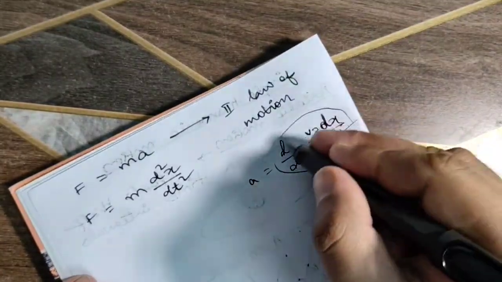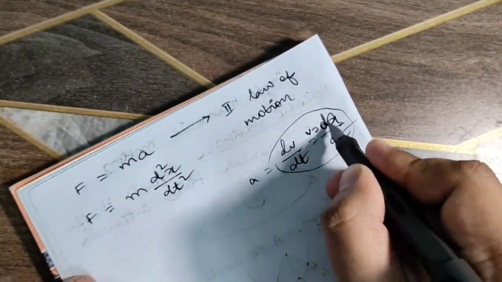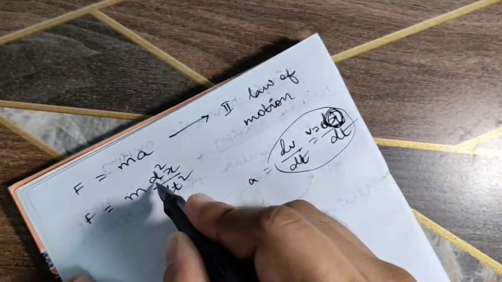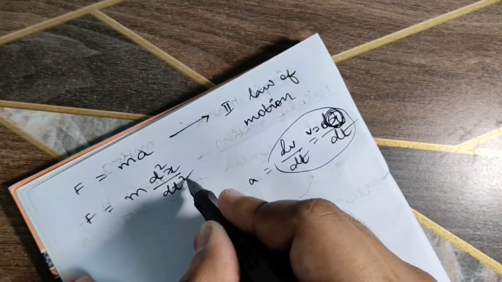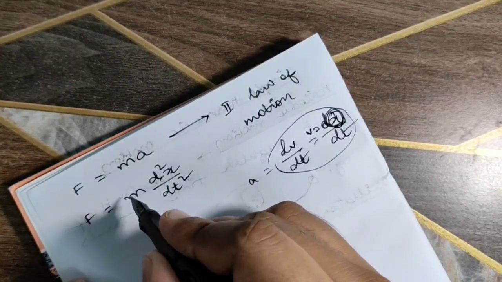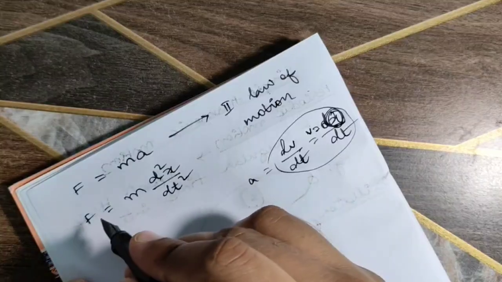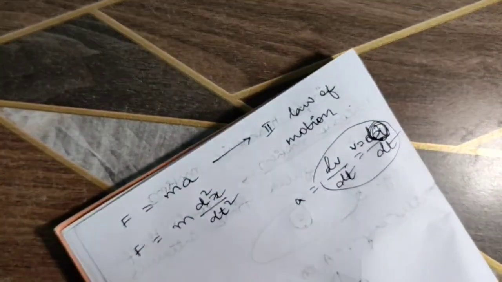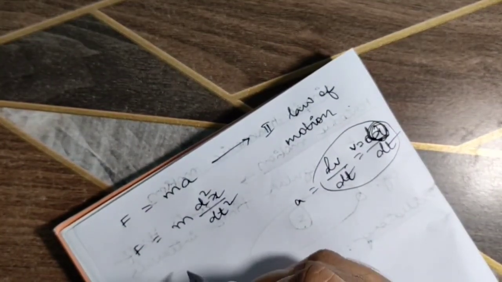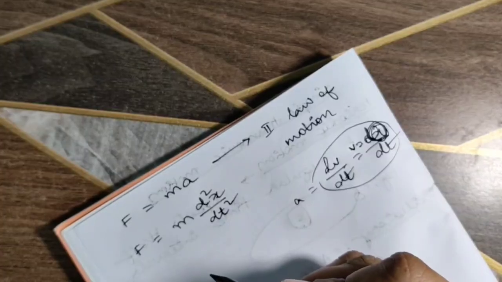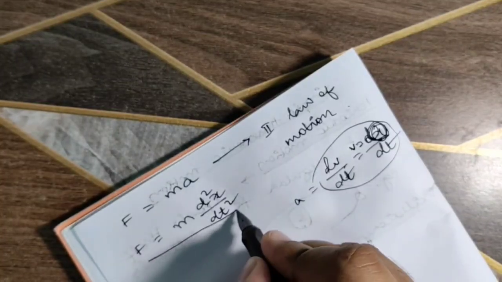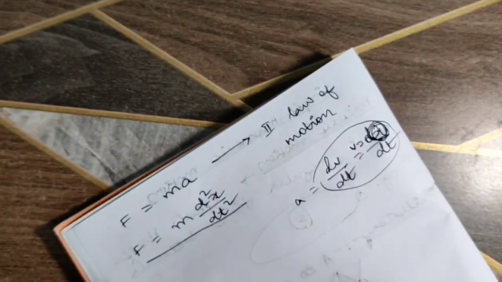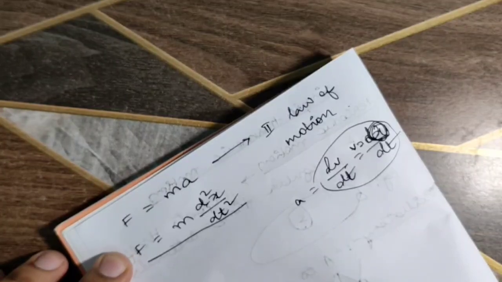Now combining this, we get m d square x by dt square equals F. Now we know that this is the case occurring. What is the force acting in this case?